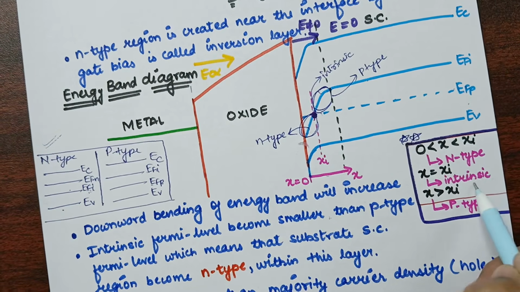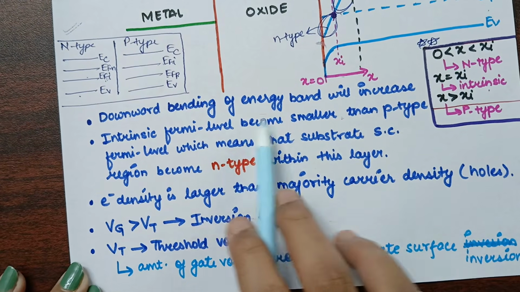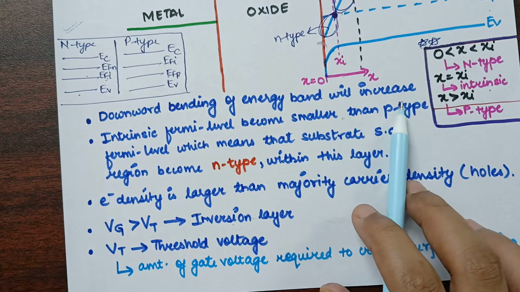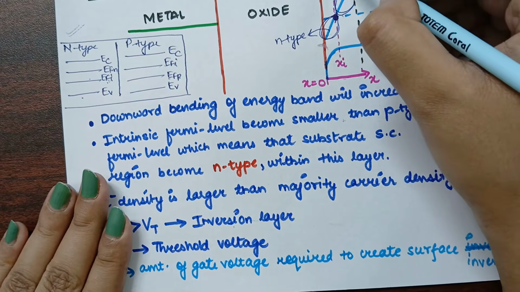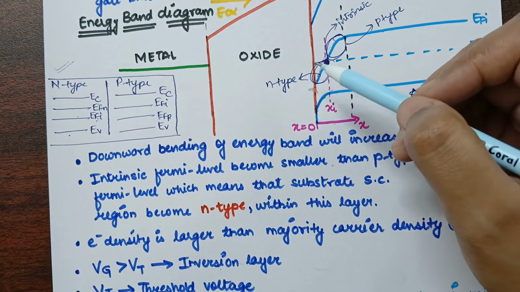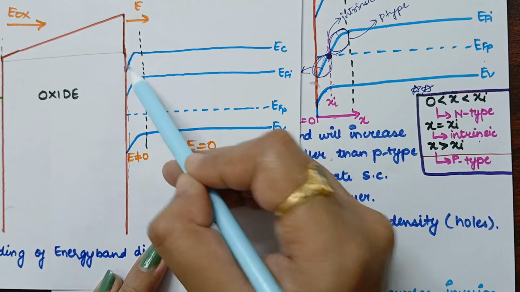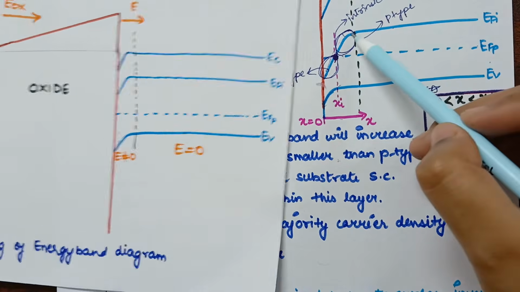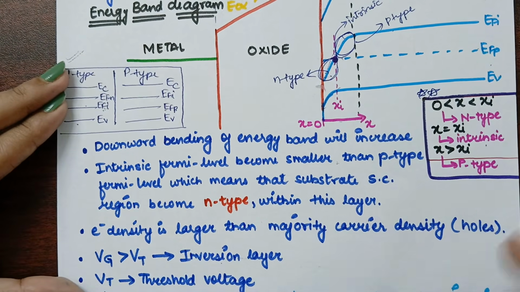You should learn that. Then in this, what you will observe is that the downward bending of the energy band diagram will increase. As we have learned in the depletion region, there also we have seen the downward bending, but there you will observe a smaller bending. There is not much slope, but here you will observe a larger bending of the energy band diagram.